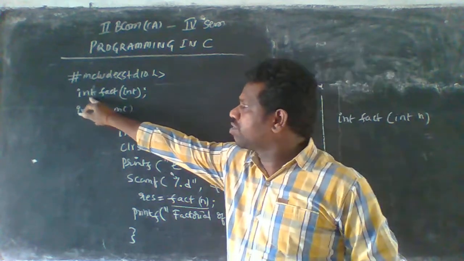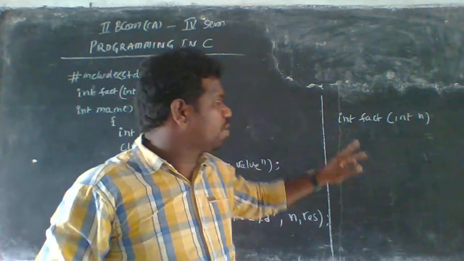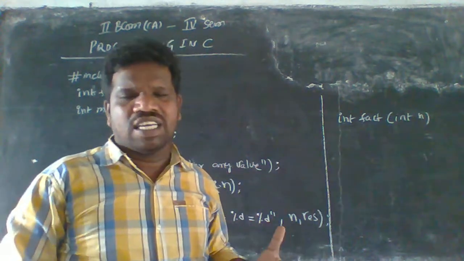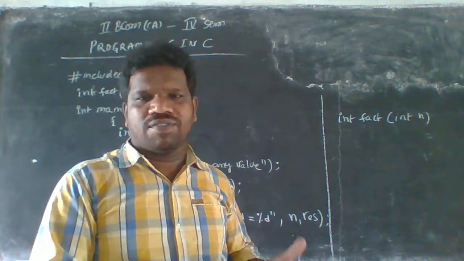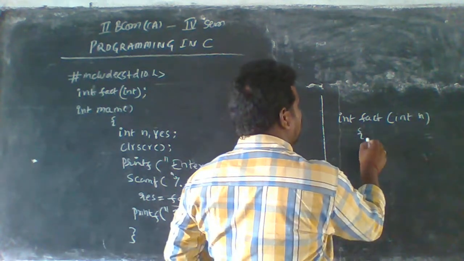I'm declaring this function as a global declaration, so I'm using the same function declaration, that is int fact of int n here. And we declare the function body with an open brace.